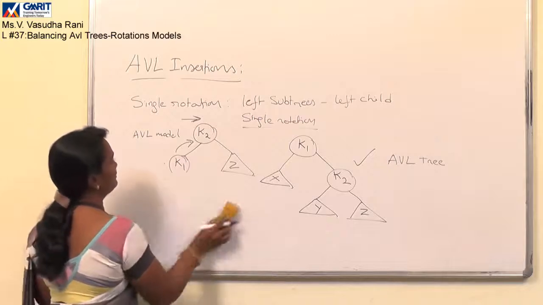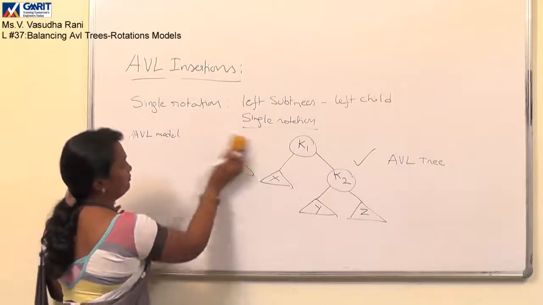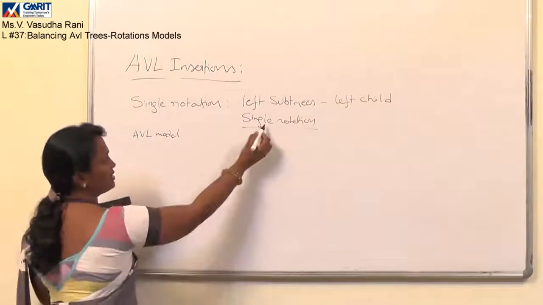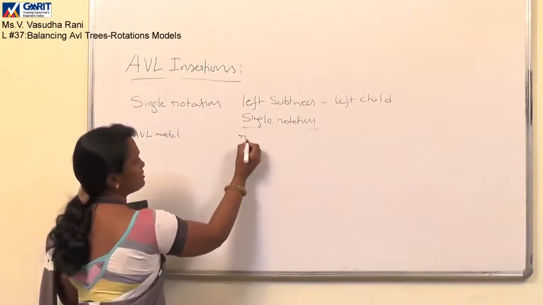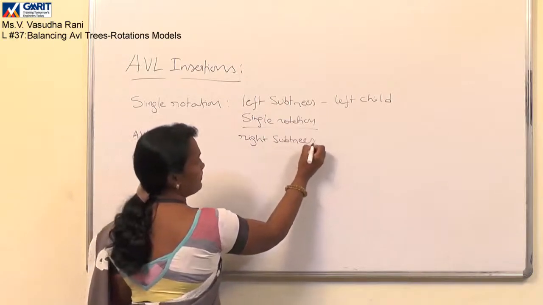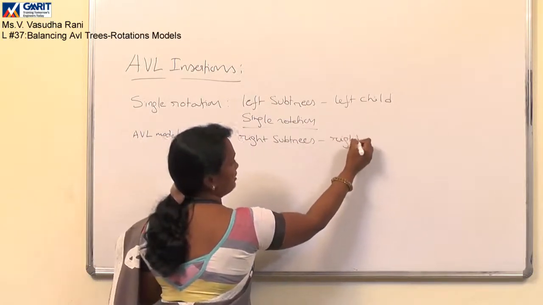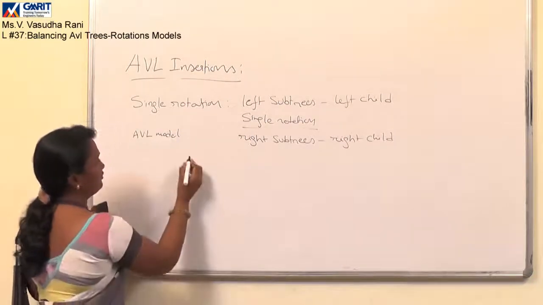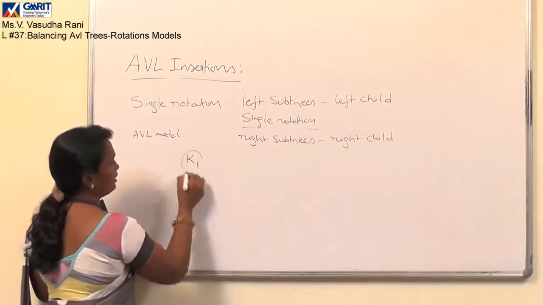Similarly, we can have the other case under single rotation, that is right subtree, right child, which is K1.